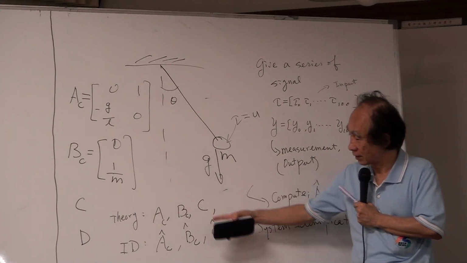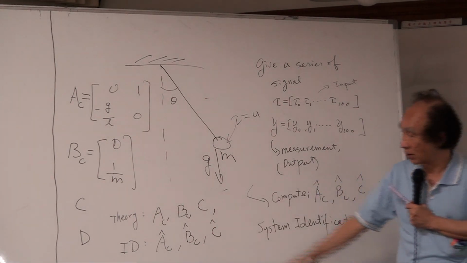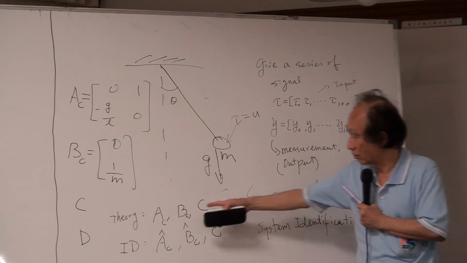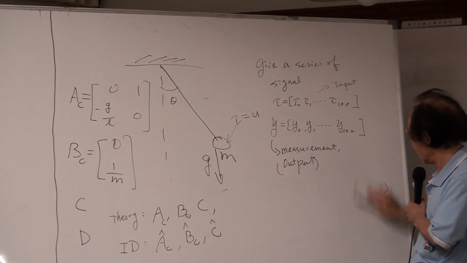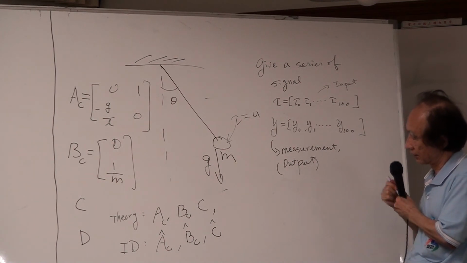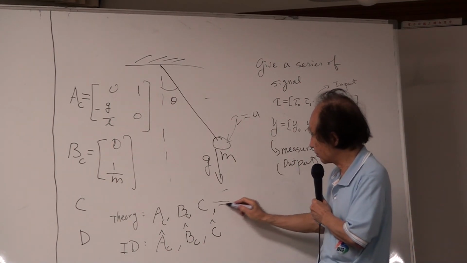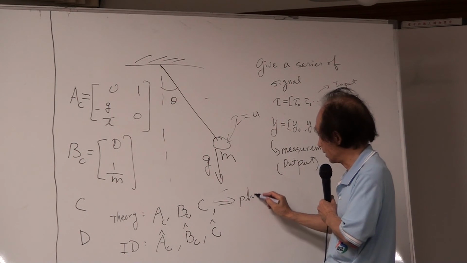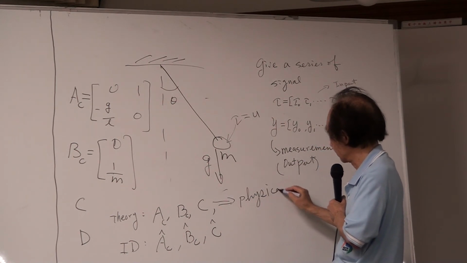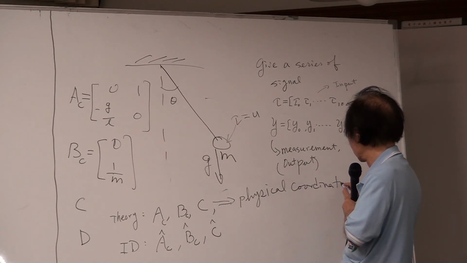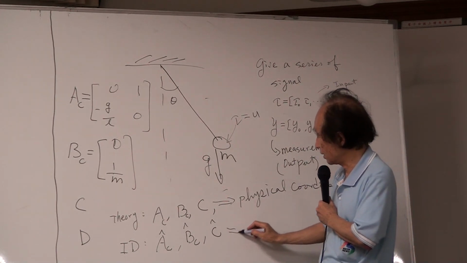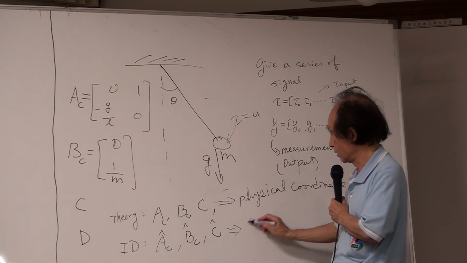What are the differences? What's going on with this? I know they are not unique. Okay, this one is in physical coordinates. This one is in some other coordinates.